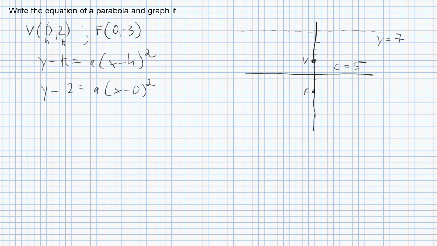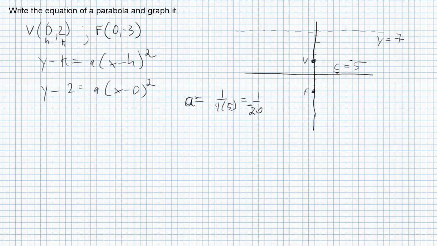In order to get the a value, we're going to use our handy-dandy formula because we know the focal distance c. So a will be equal to 1 over 4 times 5, which is equal to 1 over 20. Also, since our parabola is opening down, that focal distance 5 technically is really negative, so that's going to be negative 1/20.